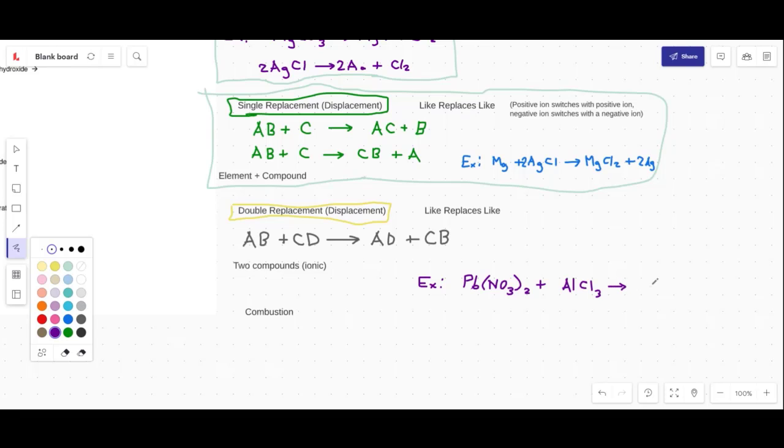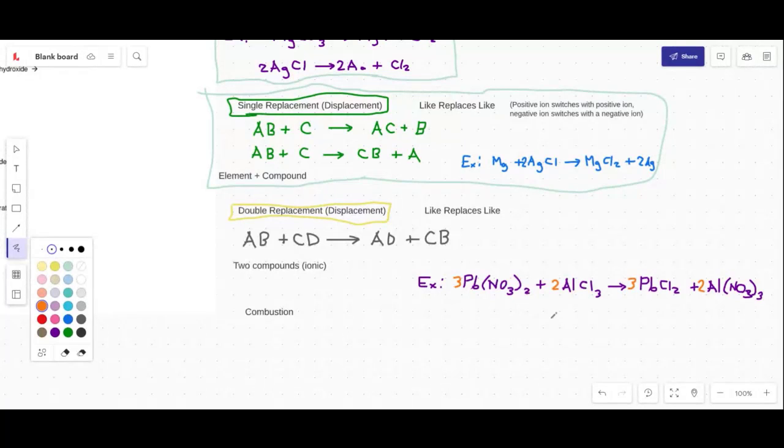And that's going to form PbCl2 and aluminum nitrate. And once again, you need to notice that this isn't balanced as it is. I'll have to balance it. So change these coefficients. This is actually going to be 3, a 2, a 3, and a 2.